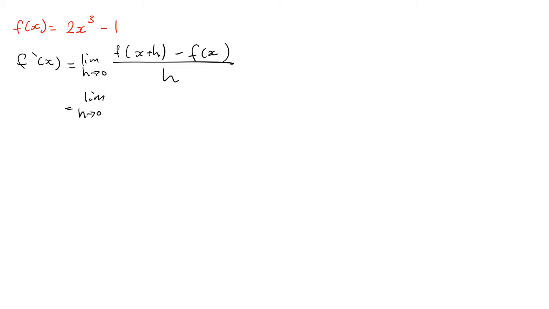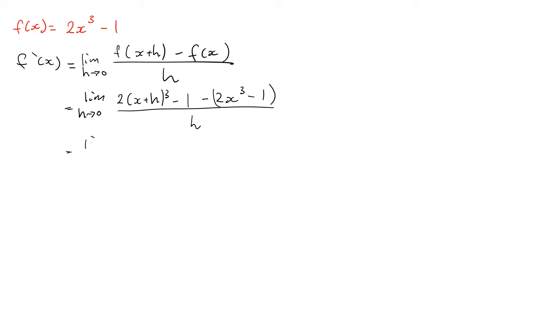That will be 2 times (x plus h) cubed minus 1, minus (2x cubed minus 1) in brackets.